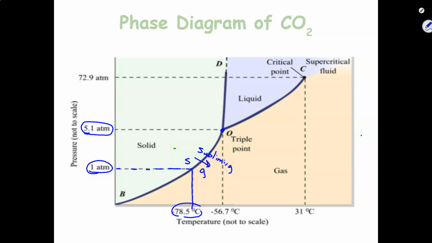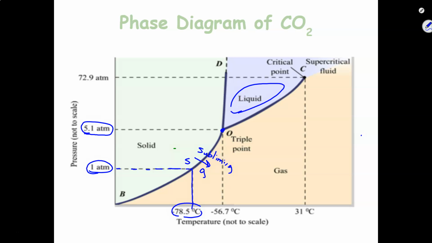Notice, for dry ice, this segment right here for a liquid is not very big. So dry ice doesn't exist as a liquid for much of the scale on here. They're just giving you an idea that dry ice would mostly be found as a solid or a gas.